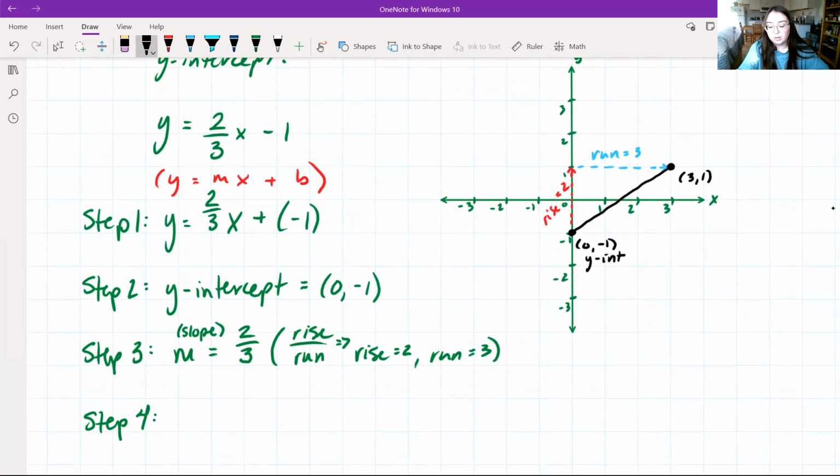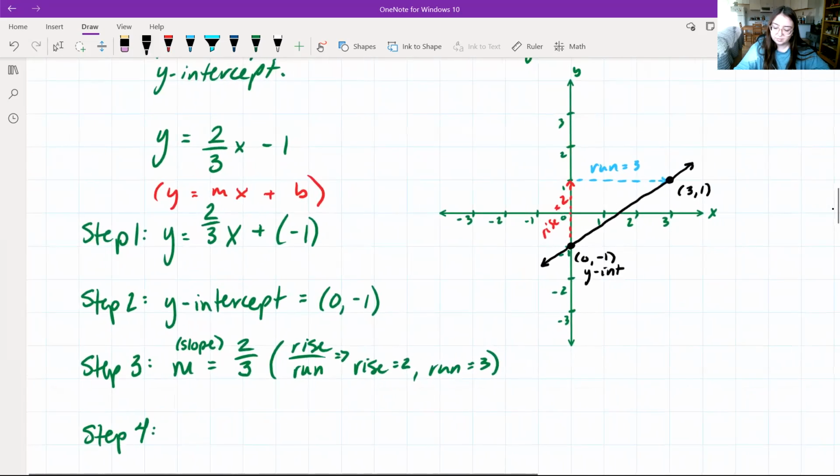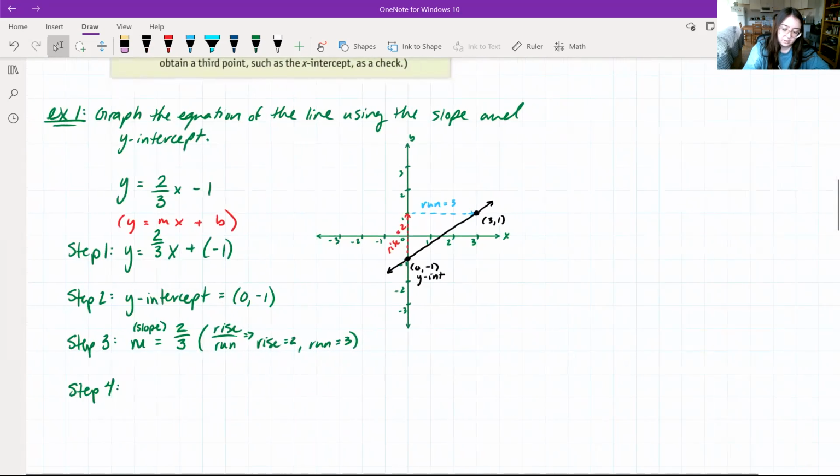And then since we're drawing a line, we draw a little bit of a line and an arrow out from each end of our dots as well. And here we have the equation of our line that we were given. Now we have shown the graph of our line. So this line here.